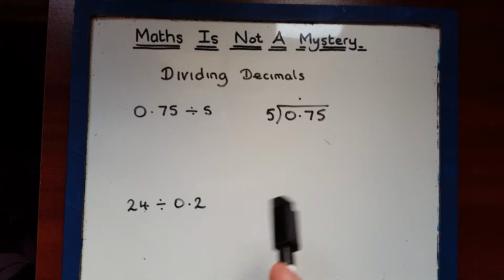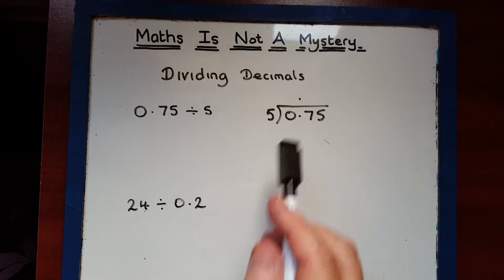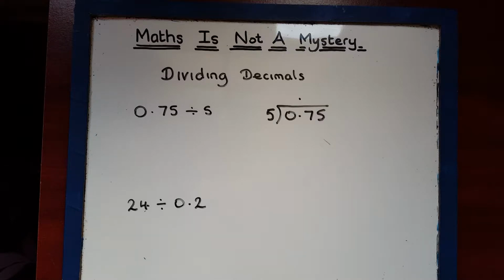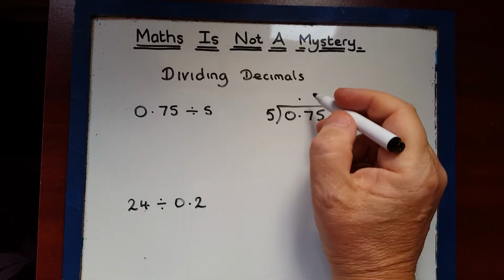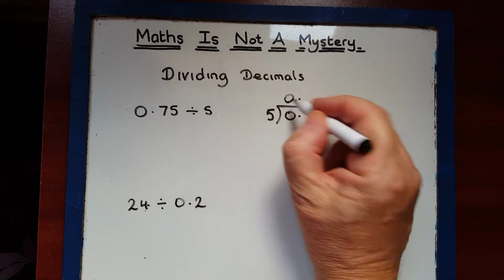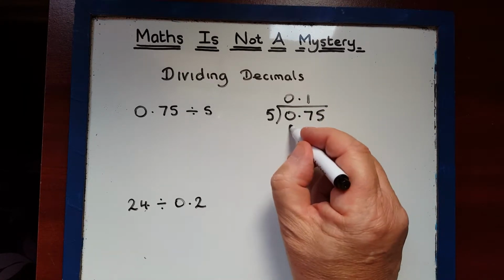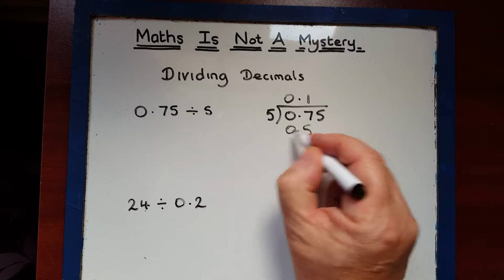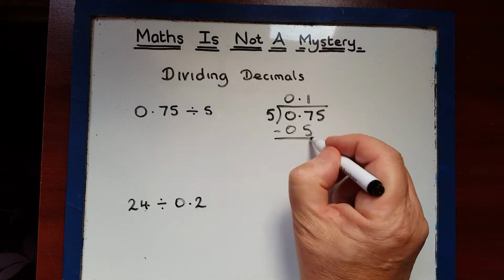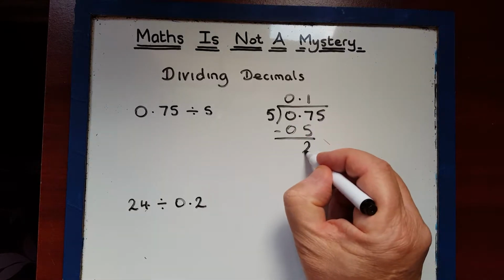So how many 5s are there in 0? Of course none. How many 5s are there in 7? There's 1 five there, so none in 0, 1 there. And of course, what was 1 five? It was 5. So you subtract, 7 take away 5 is 2.